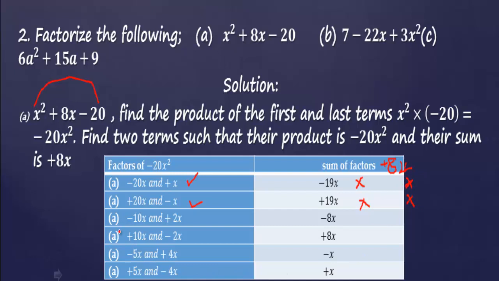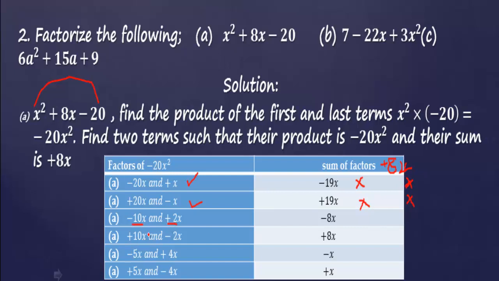Now what can you multiply to get minus 20x squared, and when you add them, you are going to get plus 8x? Let's say 10 times 2, you are going to get 20. So now let's say minus 10x and plus 2x.